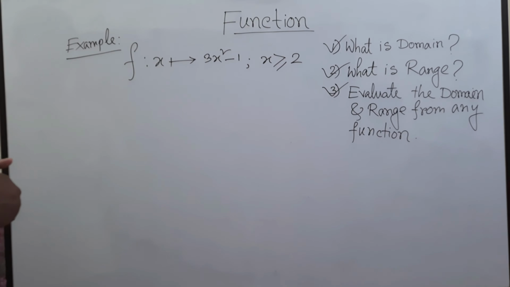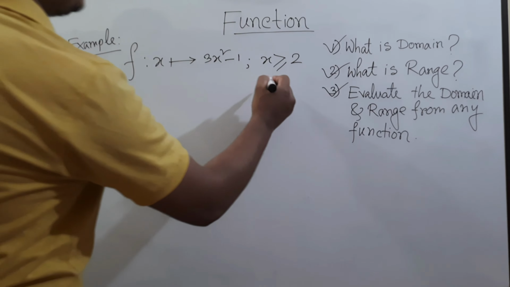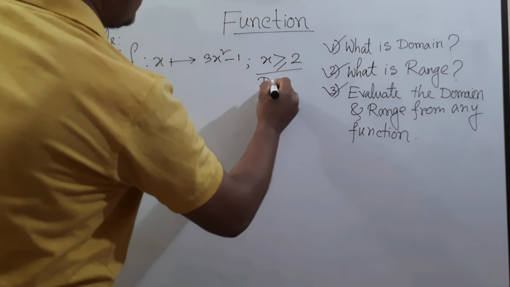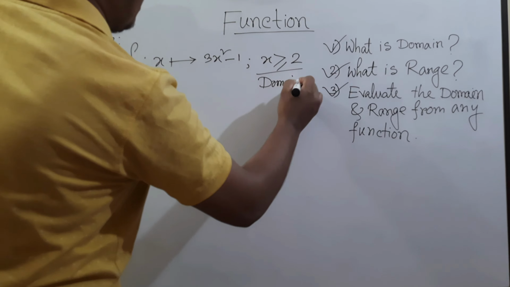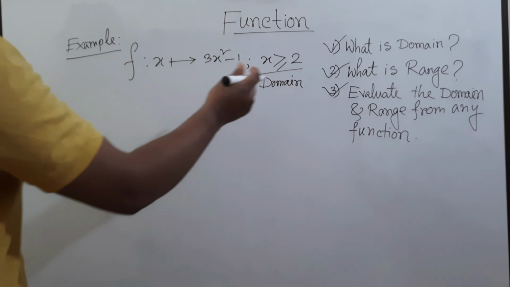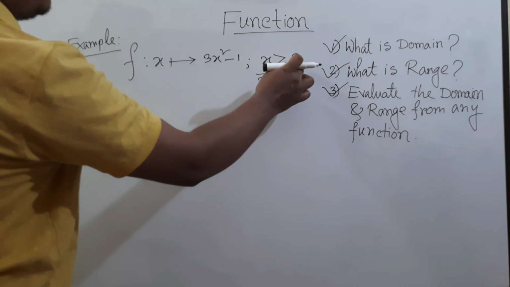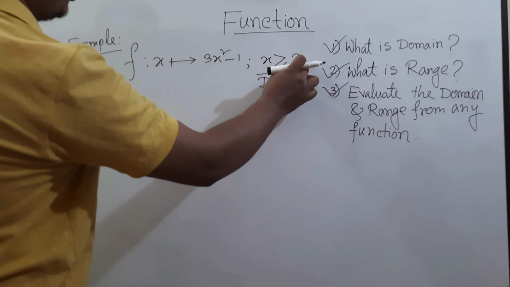That means here the value of x is already defined, actually the domain is given, this is the domain. Now the question is, what will be the range of this function? So you just input this value and that should be more than or equal to 2.